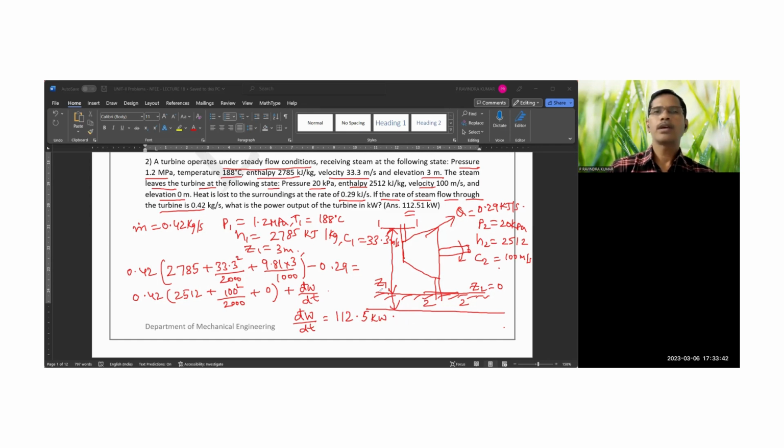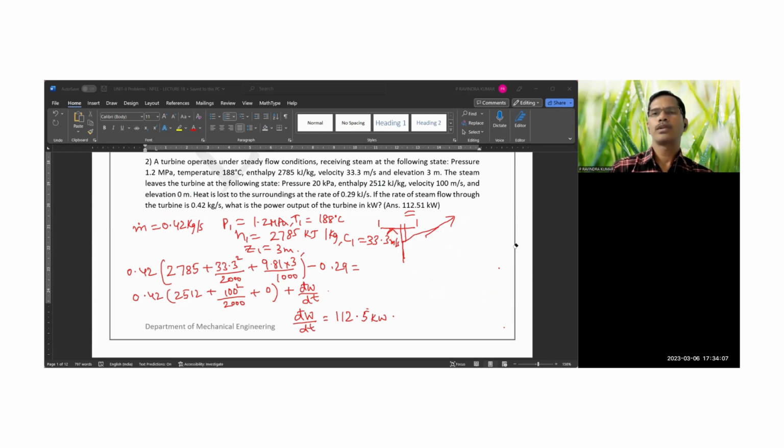Okay, so this is the second problem. This is how the student has to solve it: applying the steady flow energy equation at the inlet and at the outlet point, then checking the energy balance, drawing the diagram and sketch. What are the inlet section input variables? What are the outlet section output variables?